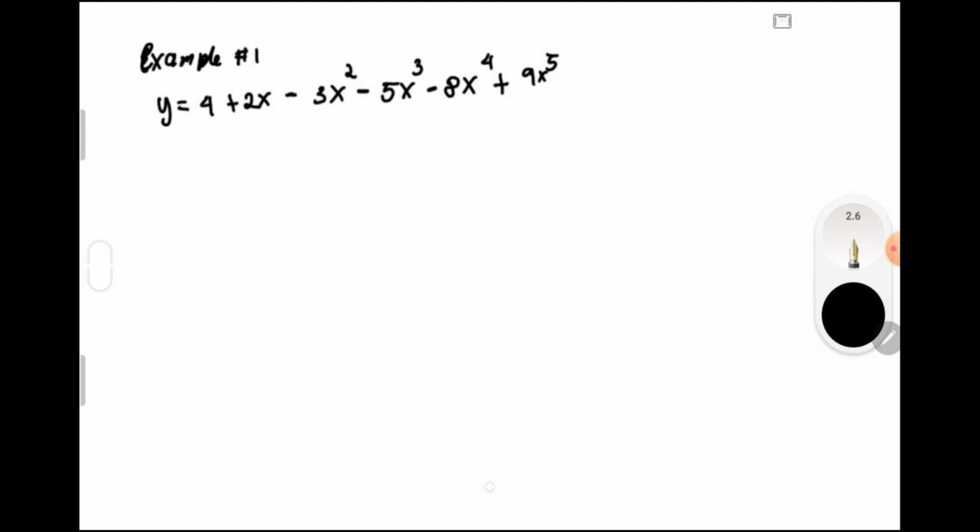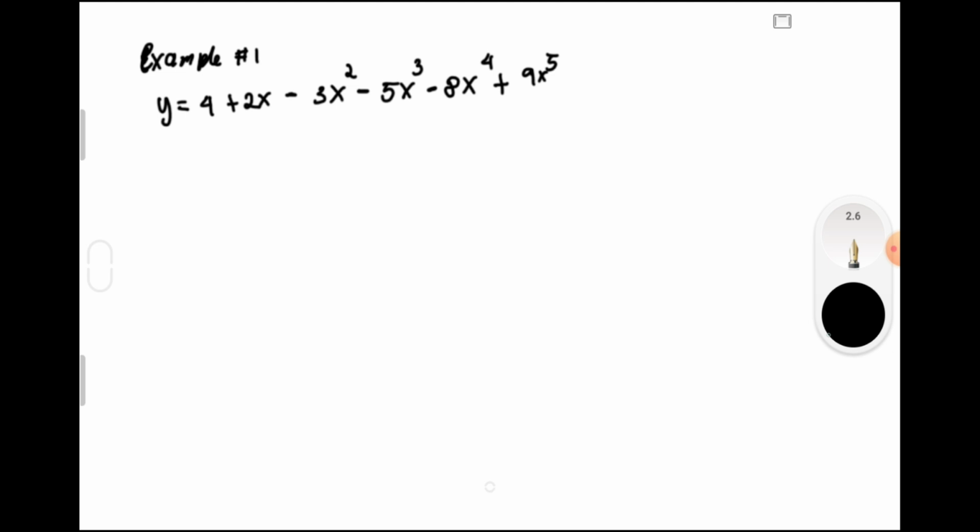Okay. So here we will demonstrate the different uses of our power rule, our constant rule, and our constant multiplied by u of x rule.